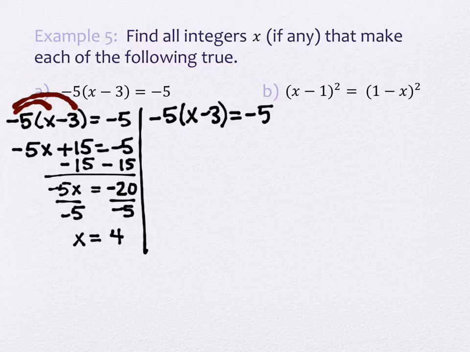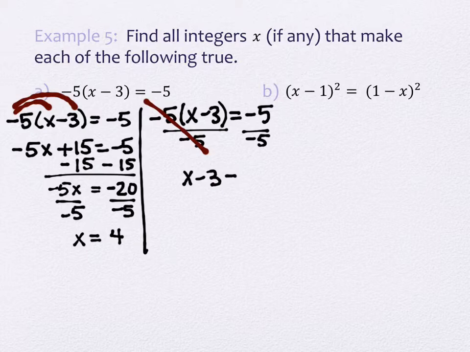But because it divides it, I could actually divide both sides by -5, and these would cancel right here, leaving me with simply x minus 3. And I would have 1 on the right-hand side, and then I can add 4. Sorry, add 3 to get 4 is what I meant to say.